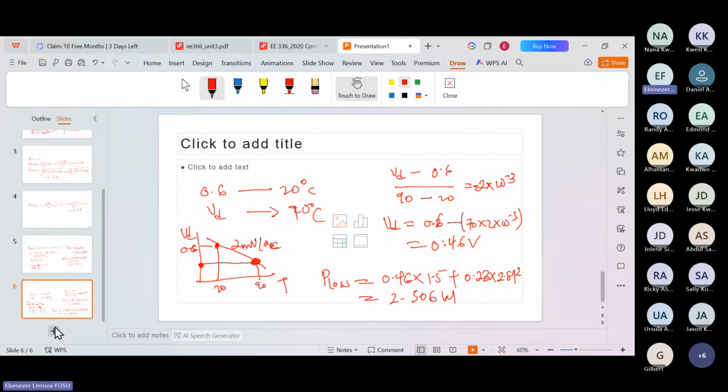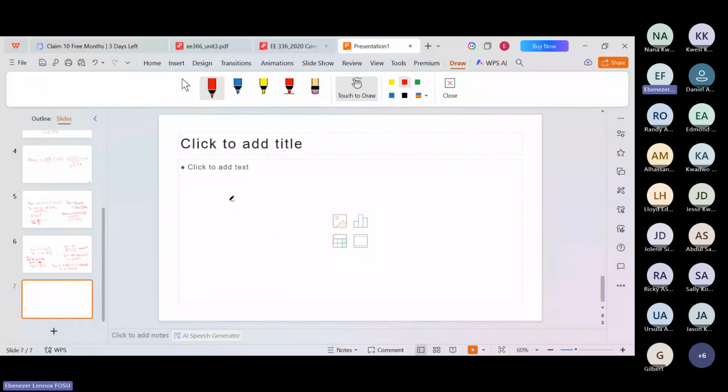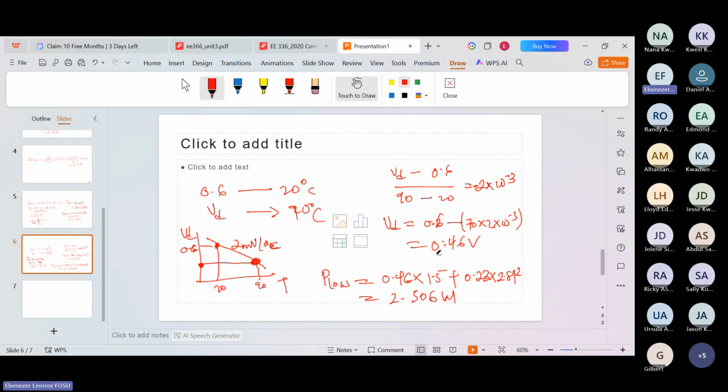So we look at the diode. When you go back to the question, we were asked to neglect the diode's series resistance and just focus on the voltage drop, right? Its forward voltage drop is the same model as the IGBT. So the VD that we calculated will be the same for the diode.